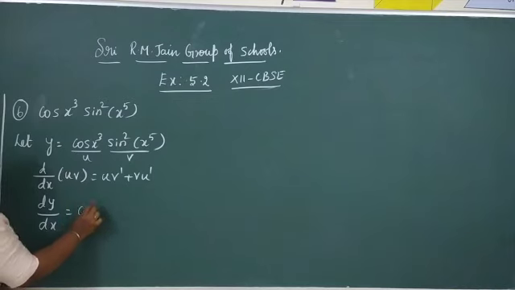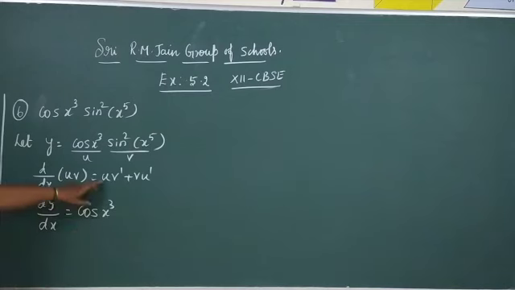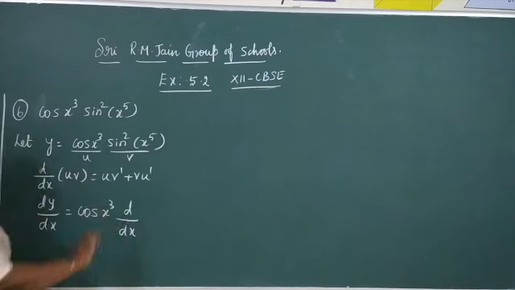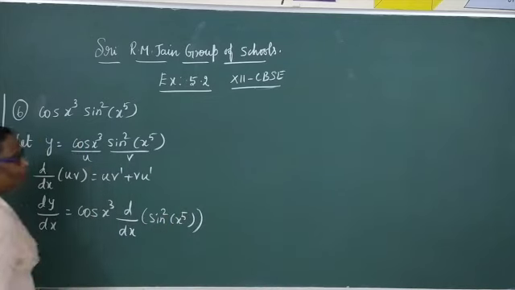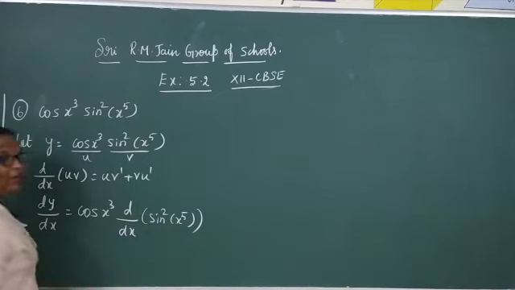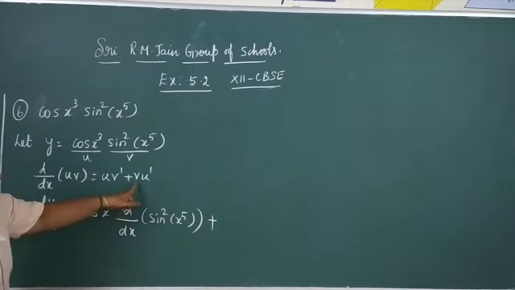See here, u is cos of x cube, into d by dx of sin square x power 5. You keep u as it is and differentiate. So I write d by dx of sin square x power 5, plus v. What is v here?